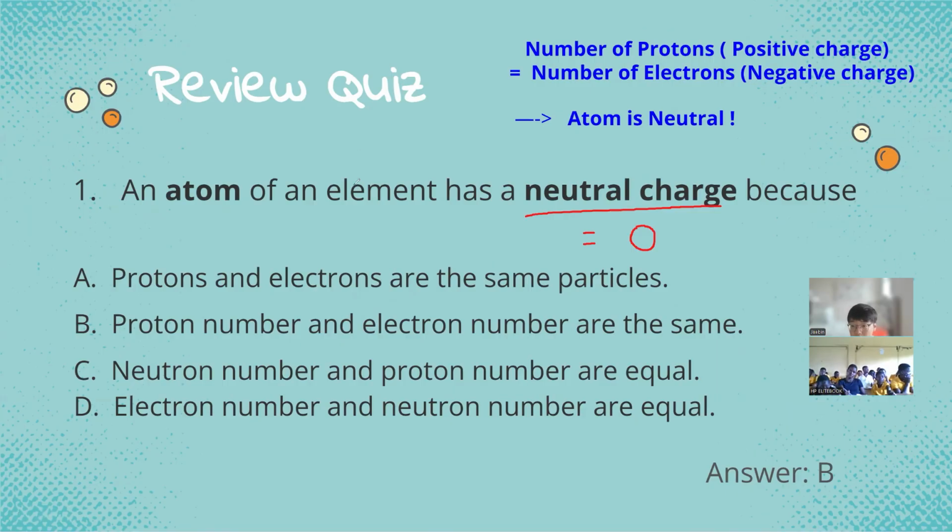So let's say an atom has 5 protons. So how many electrons should this atom have? It should also have 5 electrons, right?